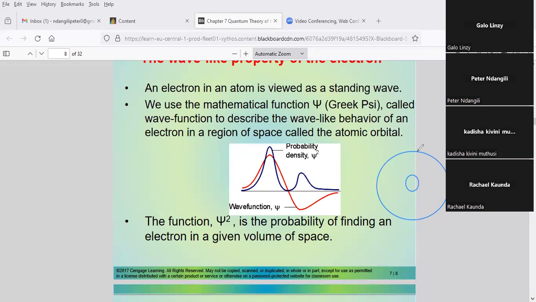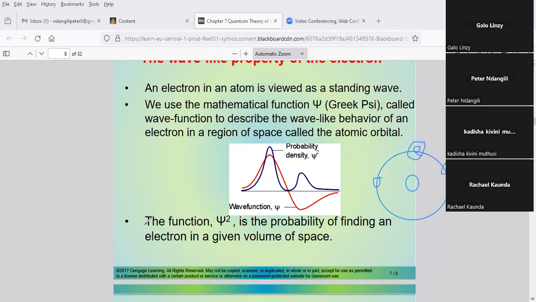If we have an electron here, the question would be, how sure are we that this electron is here and it is not in this particular region? Remember, this is a circular path. So what is going to give us the highest probability that an electron is going to be found in a particular region? That is described by the probability density function, which is psi squared.